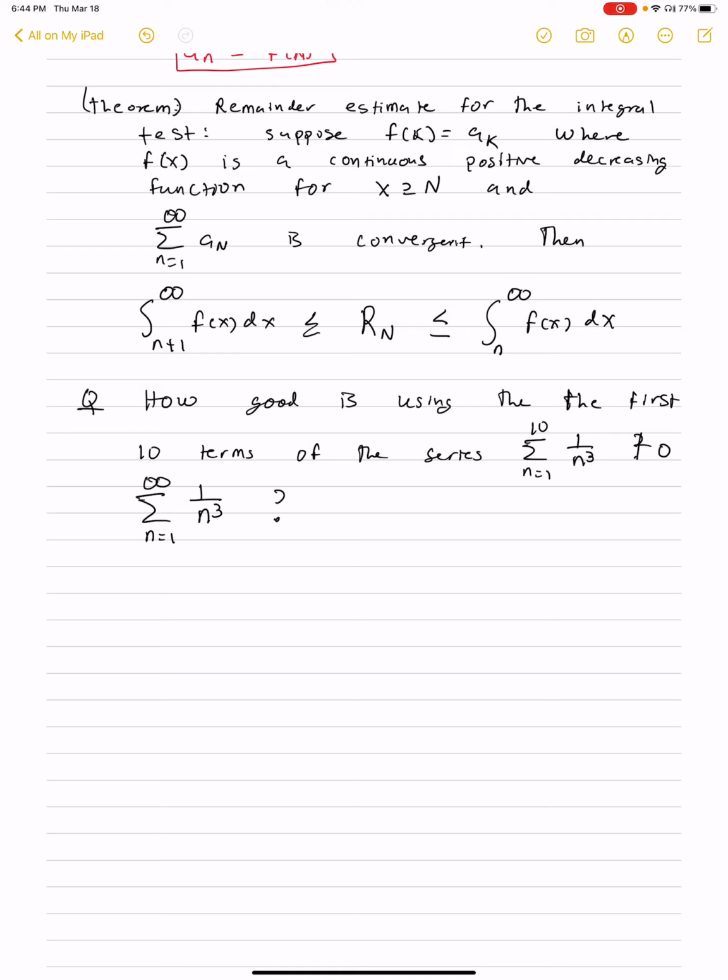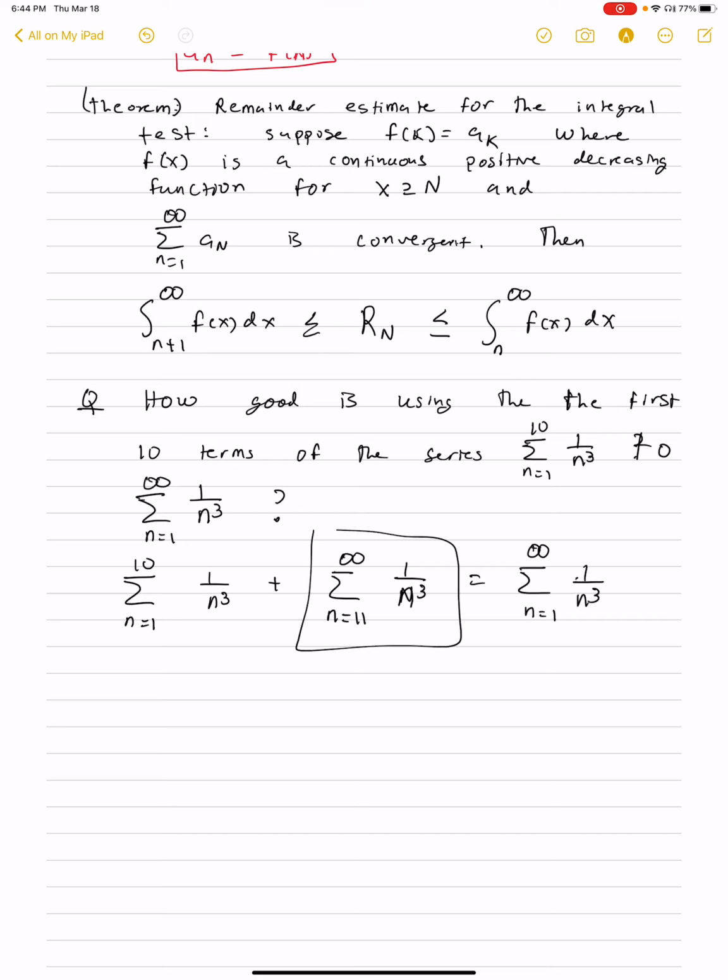And I'm going to come up with some bounds. I'm going to have this summation from n equals 1 to 10 of 1 over n cubed plus the summation from n equals 11 to infinity of 1 over n cubed. If I put these two together, that's the full series of 1 over n cubed.